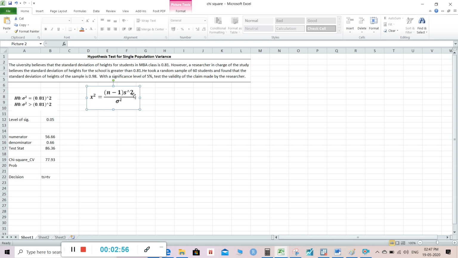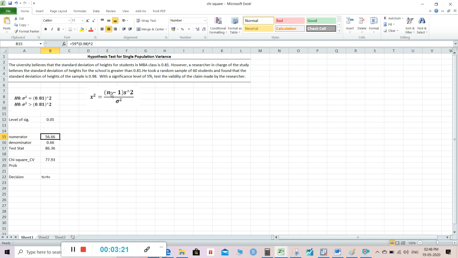So if you replace these symbols with those numbers, in the numerator your degrees of freedom is 59 into your sample standard deviation, which was 0.98, squared, that is your variance. So you will get a value 56.66.